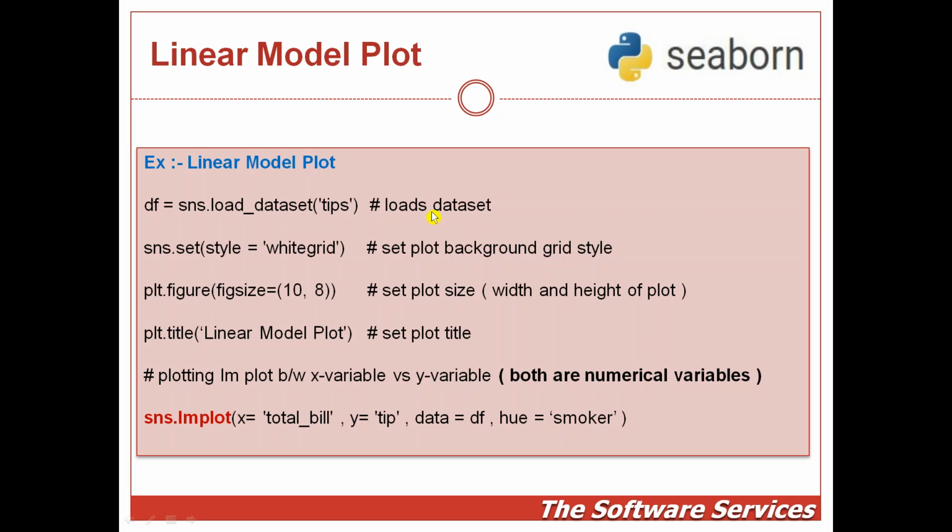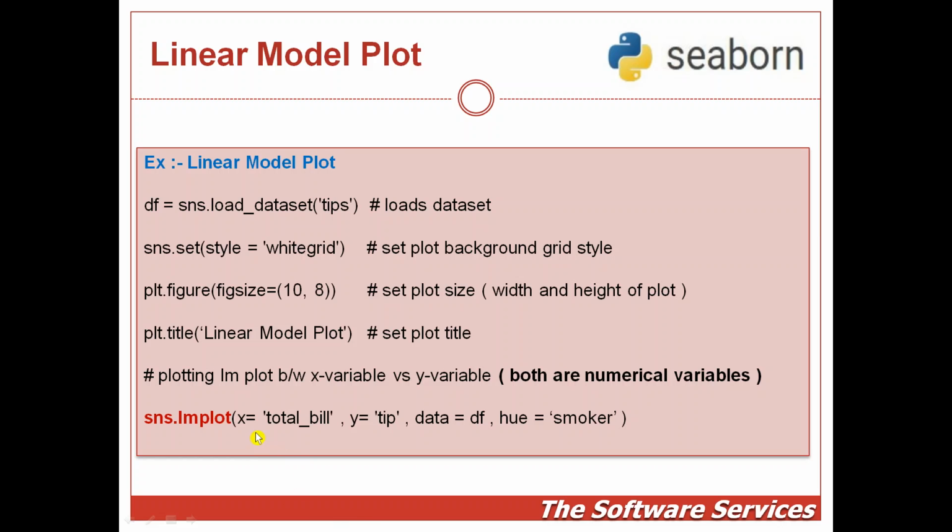After loading the data set and setting the background style, plot size and plot title, we have to call the method called lmplot. There is a method called lmplot in the Seaborn library. That method will be used to draw the linear model plot.